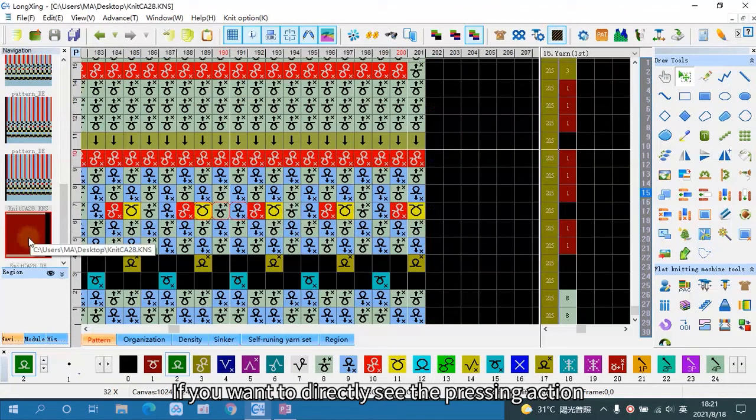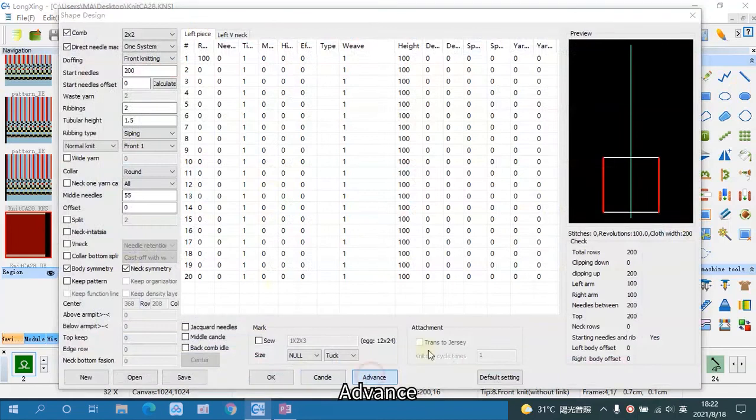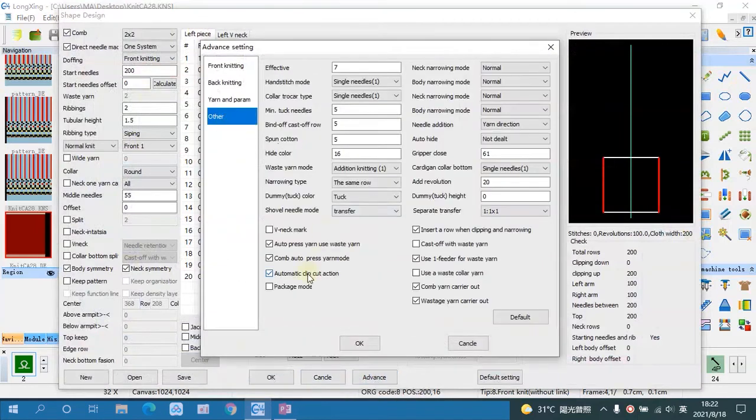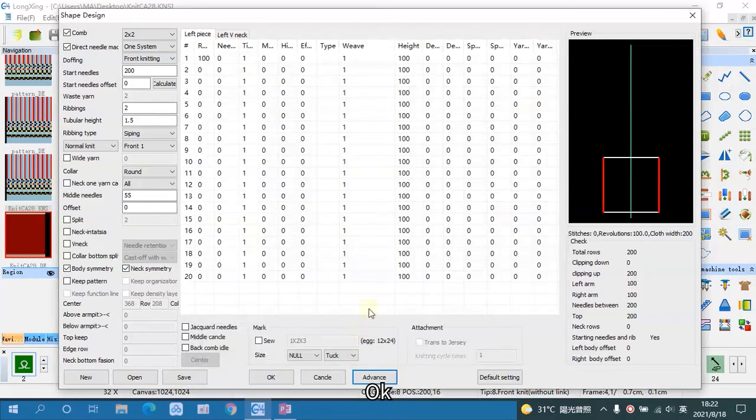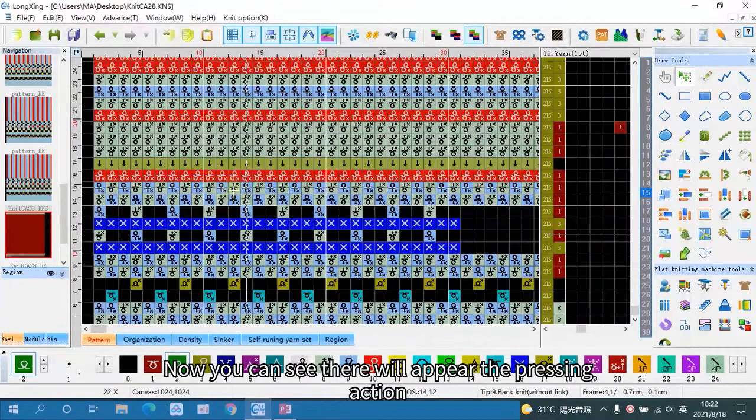If you want to directly see the pressing action, you can click Craft Date, Advanced, Other, and in there, we don't tick Auto Press Yarn mode. We don't tick this. Okay. Now you can see there will appear the pressing action.